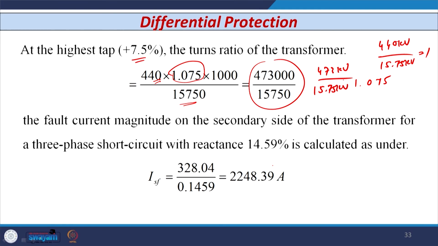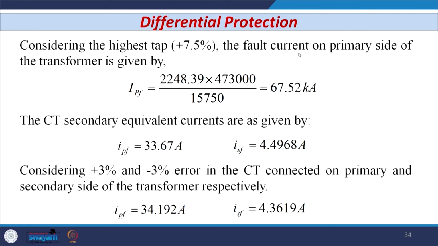On the secondary side of the transformer, the reactance value is given. So what is the fault current on the secondary side? This current we have already calculated: the full load current on the secondary side of the transformer, divided by this. So the fault current on the secondary side is 2248 ampere. If I multiply this current by 473 kV by 15.75 kV, I get the fault current on the primary side.